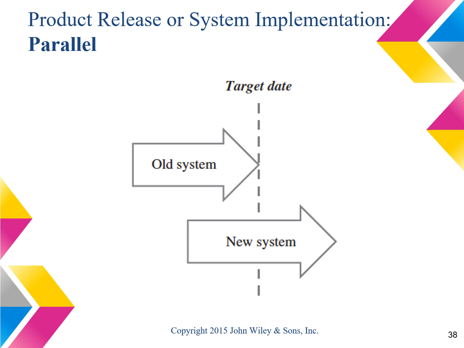In the parallel implementation approach, the old system remains available to users for a period of time after the new system is released. This allows the users to move from the old system to the new system on their timeline versus being forced to cut over on a specific date.